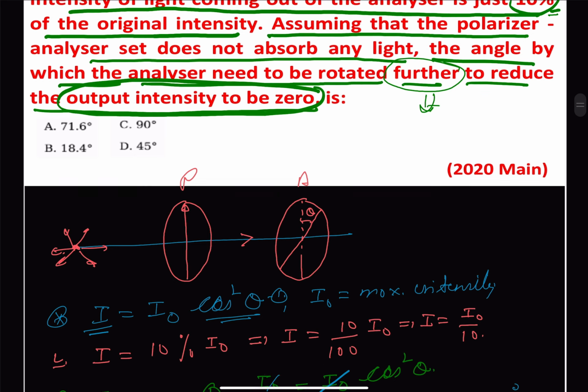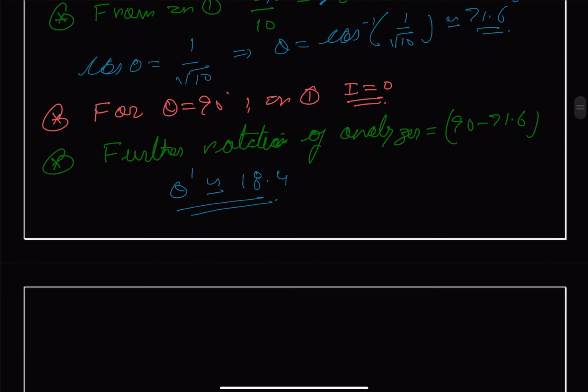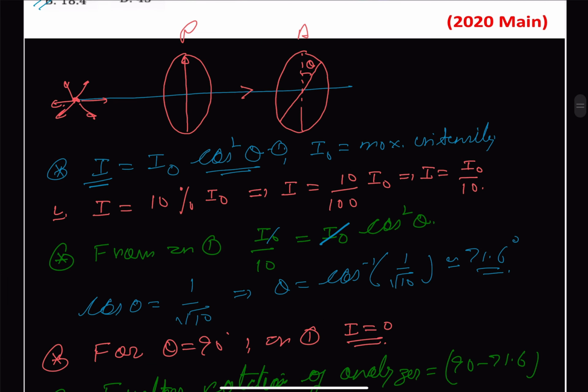So we have 18.4, that is option number B is the correct one. Option B is correct. Next question.